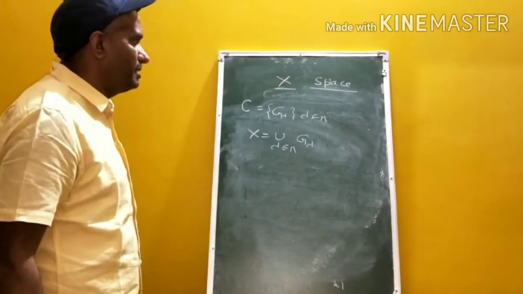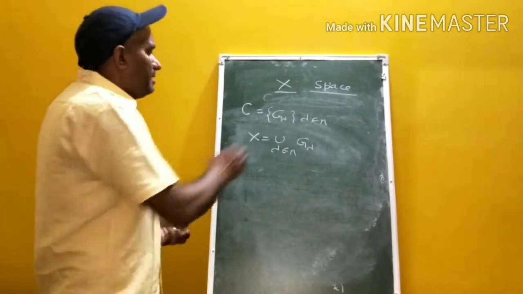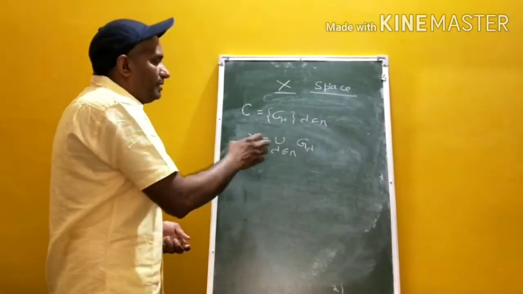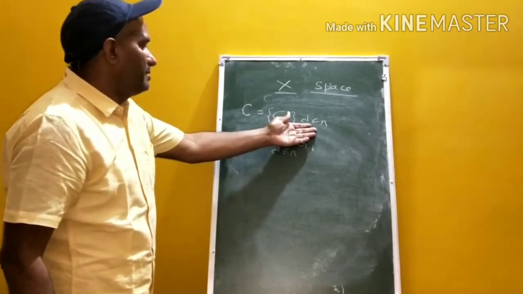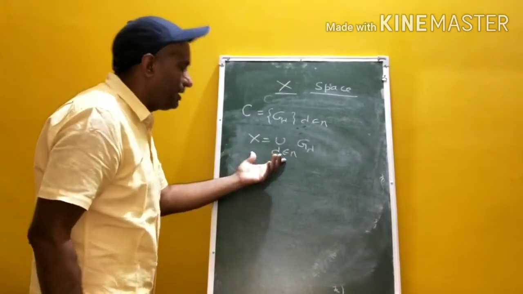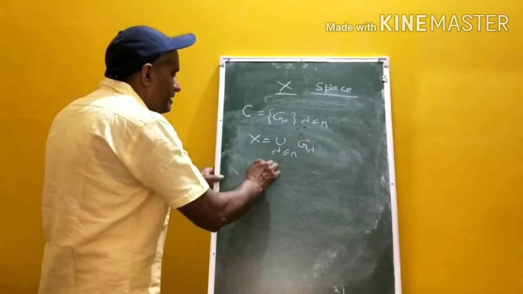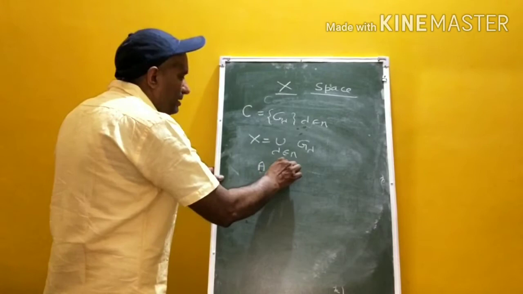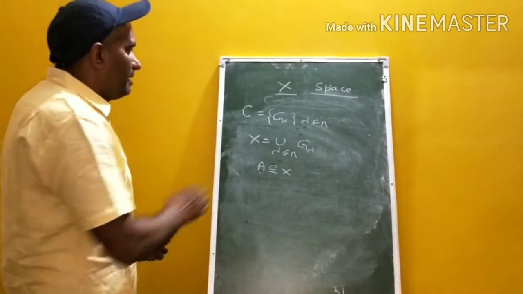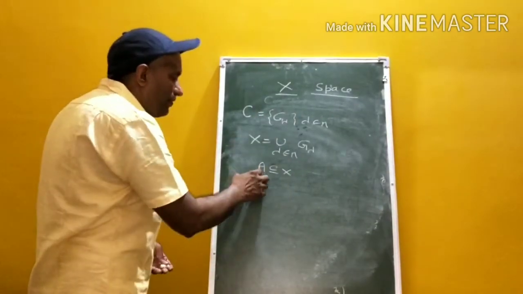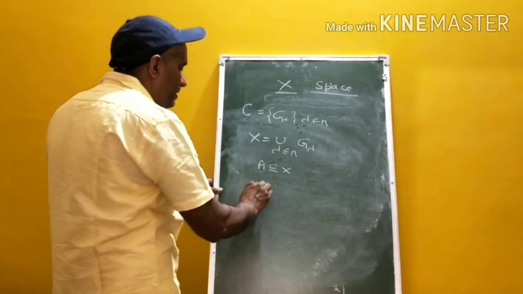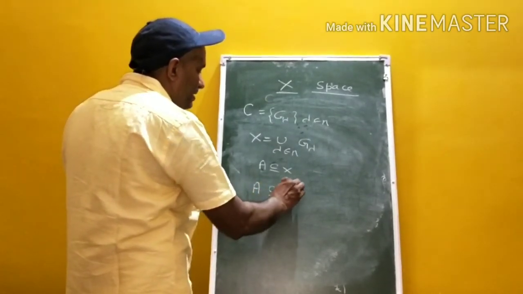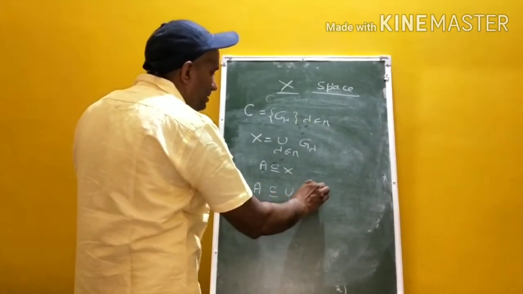When we consider the space, this collection of subsets of X covers X if X can be written as such a union, whereas when A is a subset of X, the collection is a cover of A if A can be written as the union of G lambda.